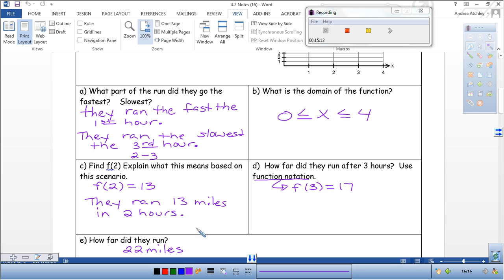Well, if you did the average of it, 22 over 4, that's about 5 point something miles an hour. 5.5 miles per hour is what they averaged. Can you guys run 5.5 miles in an hour? You probably could, if you actually wanted to run for an hour.